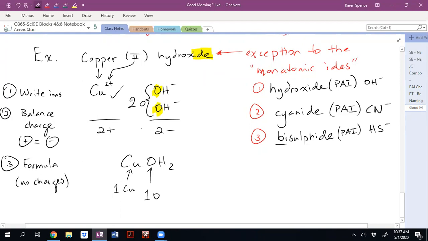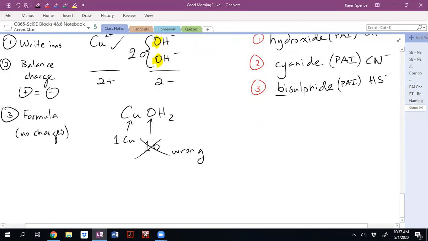So this would be wrong. I need to have the brackets around the OH in order to say I have both two of the oxygen and two of the hydrogen.